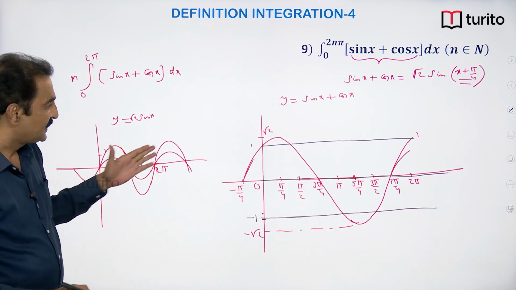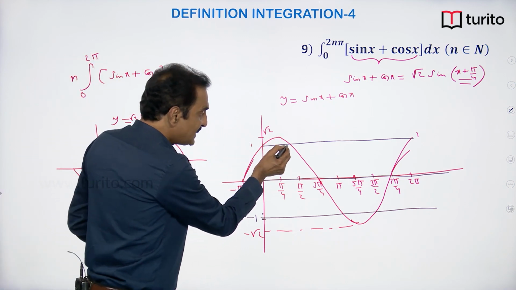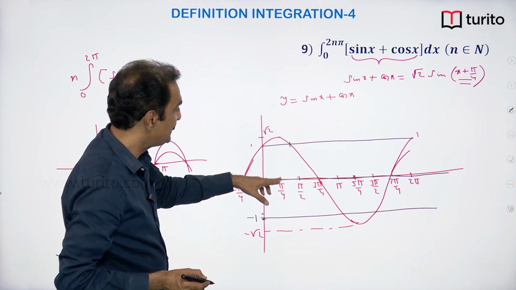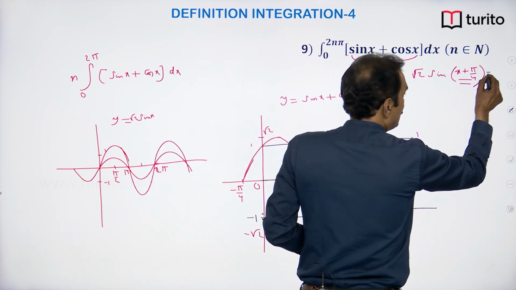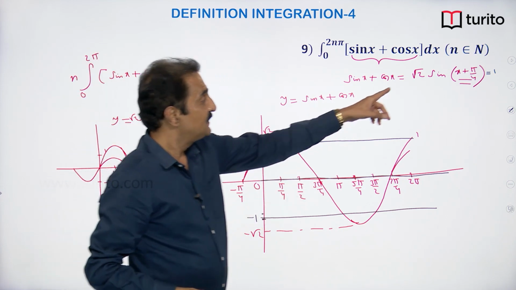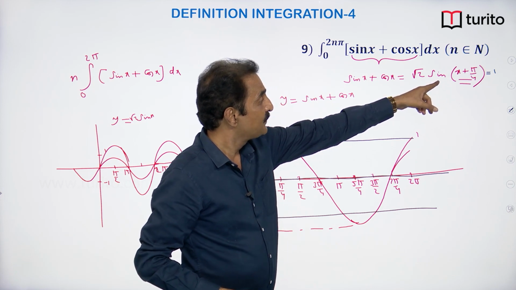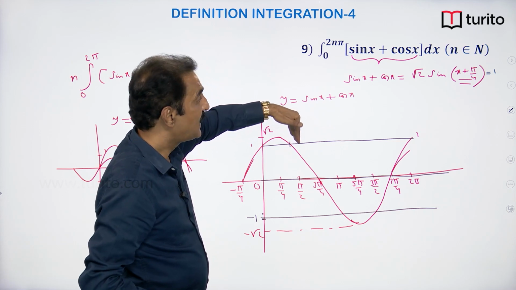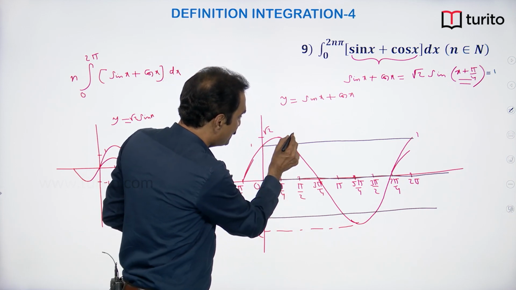Now we want to integrate from 0. What is this point of intersection? Sin x plus cos x will be equal to 1 for what value of x? For x is equal to, I think after 0 it is pi by 2. Okay, for x is equal to pi by 2, this point is pi by 2.